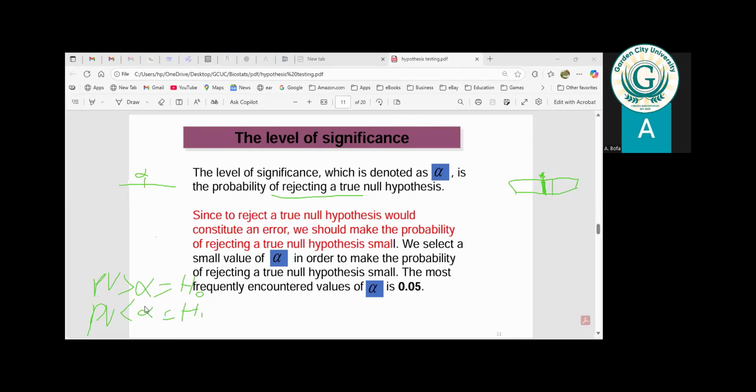And on the other hand, when your probability value is less than alpha, it is in favor of the alternative hypothesis. That is the rule, and that's how we accept or reject the null hypothesis. Okay?